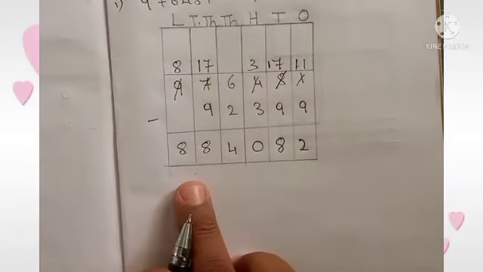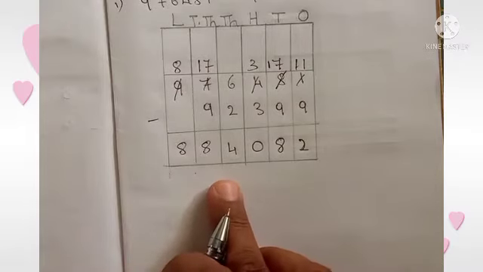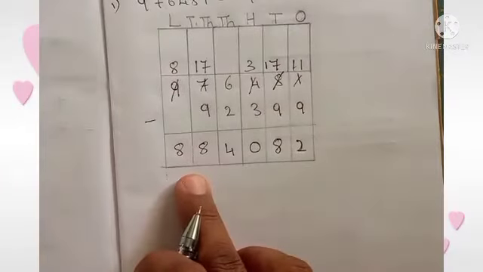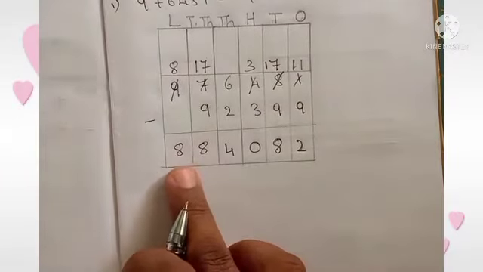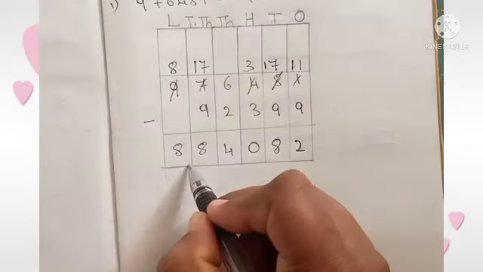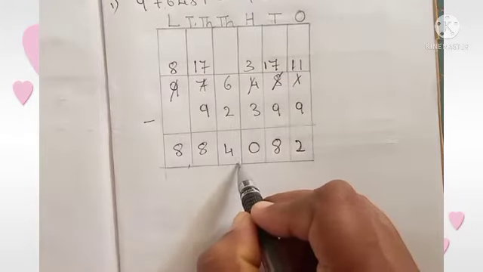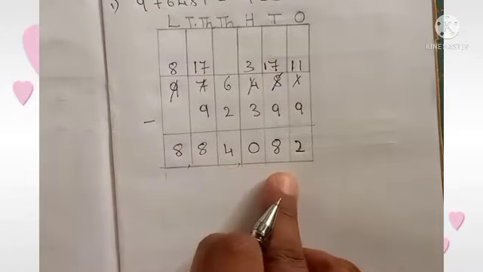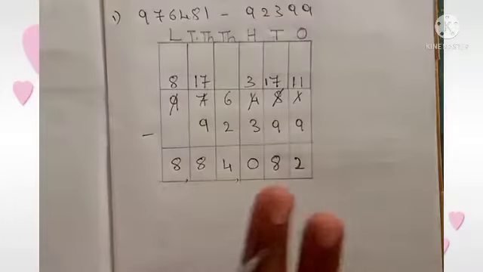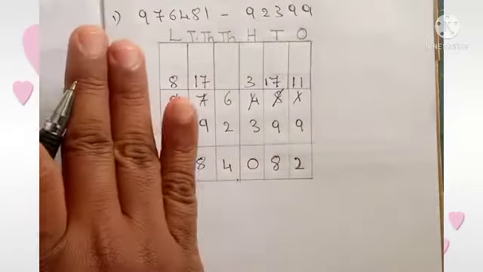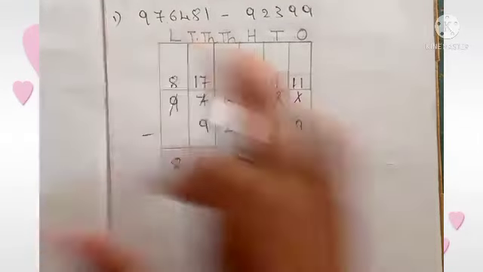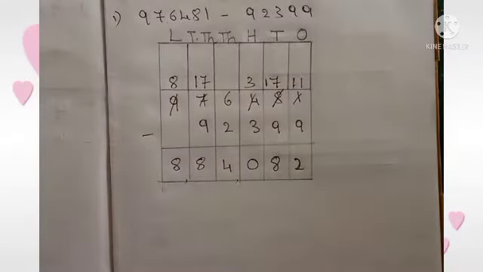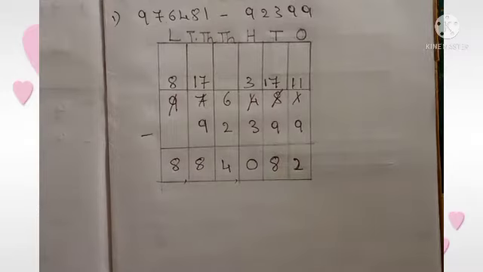So what will be the difference, dear children? The answer is called the difference, isn't it? So what is the difference? 8,84,082. Okay. 8,84,082 is the difference we got from this question.